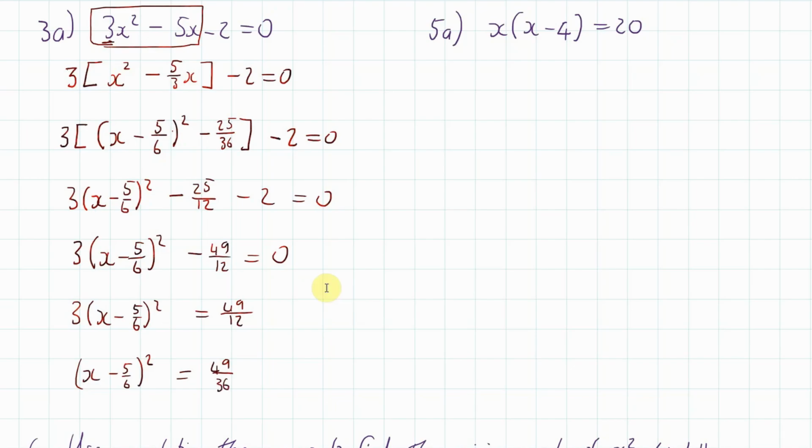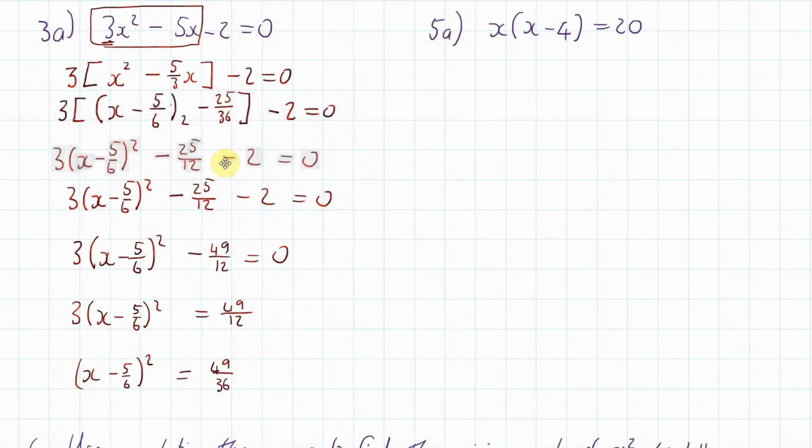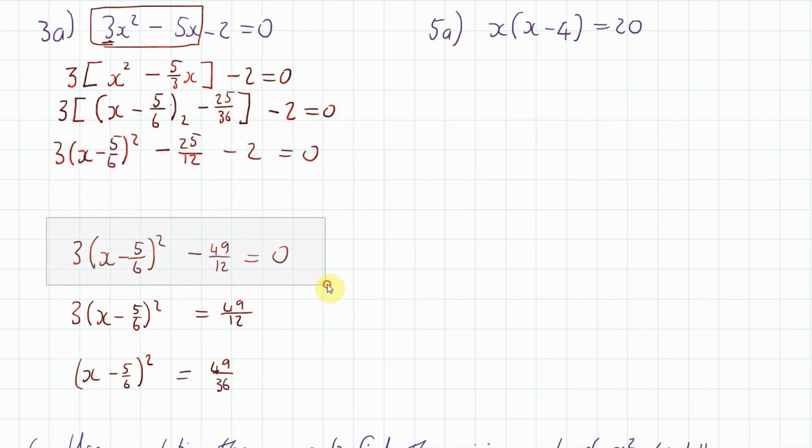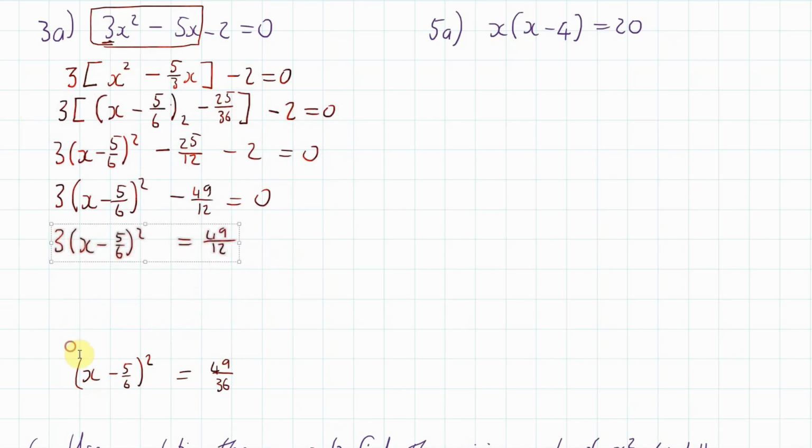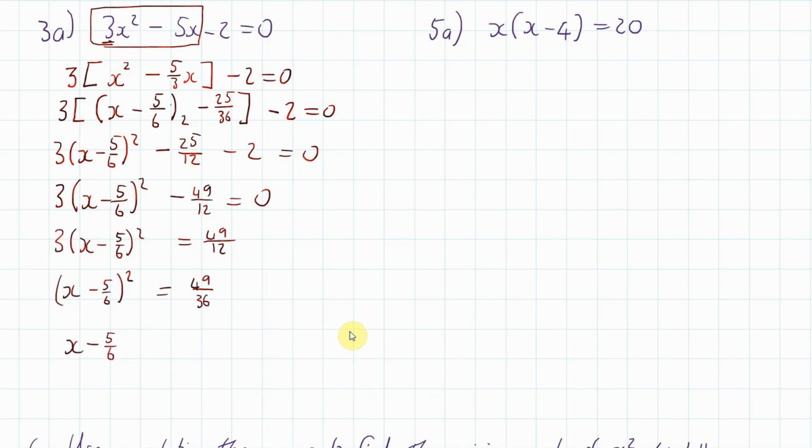And then, running out of room. Maybe I'll just shove a few things up. Move that up there. Give ourselves some room. Okay. And then, at this point, we're going to square root both sides. So when we square root the left-hand side, we get x minus 5 over 6. Now, remember what I told you.